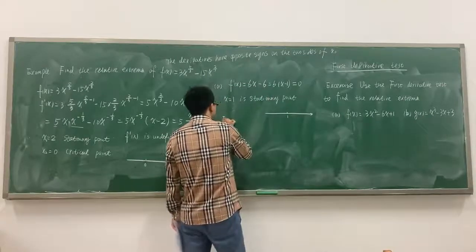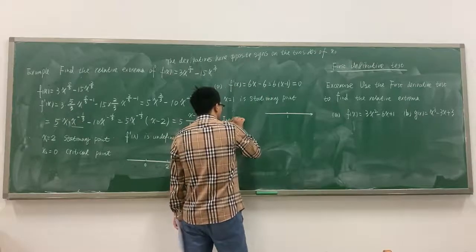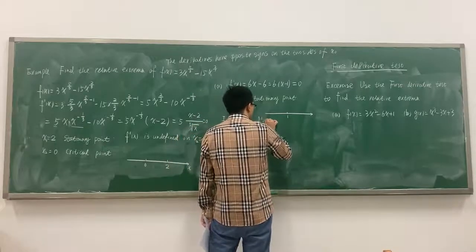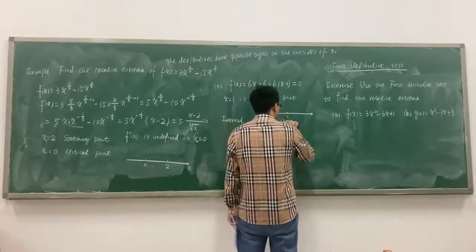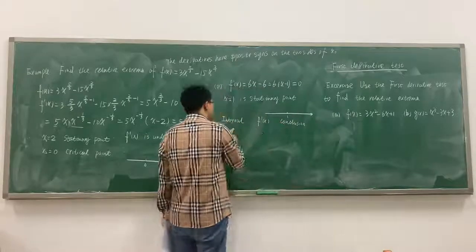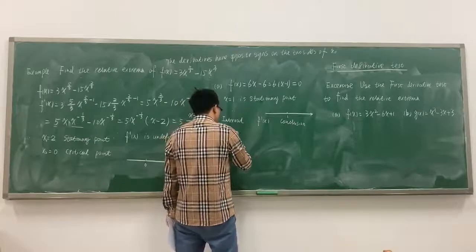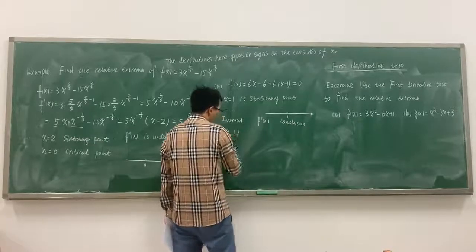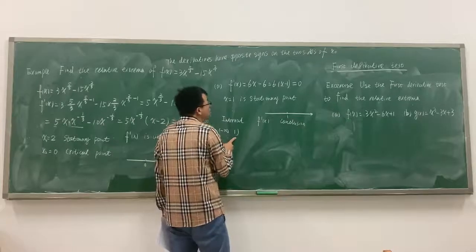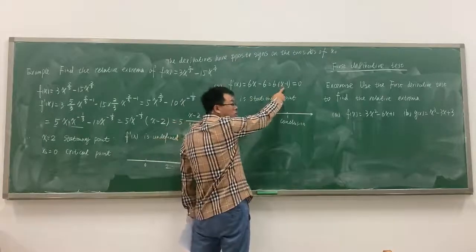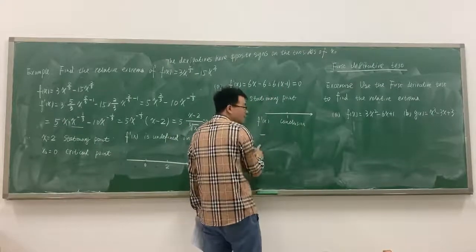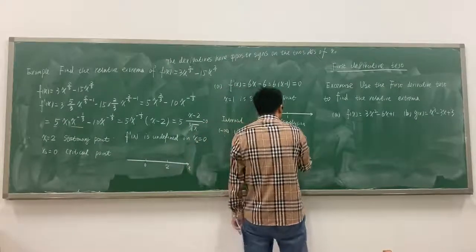So here is interval, here is f prime, here is the conclusion. The first interval is minus infinity to 1. When x is less than 1, f prime is positive or negative? Negative, so here is decreasing.